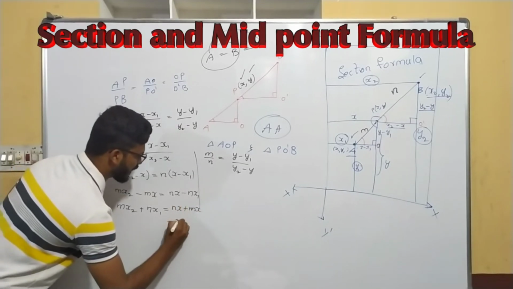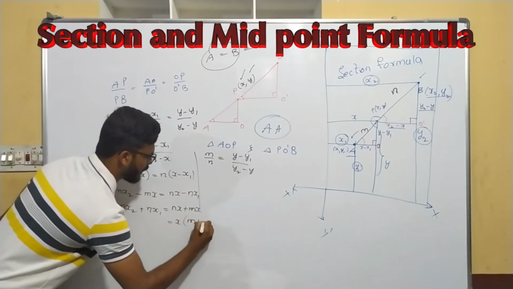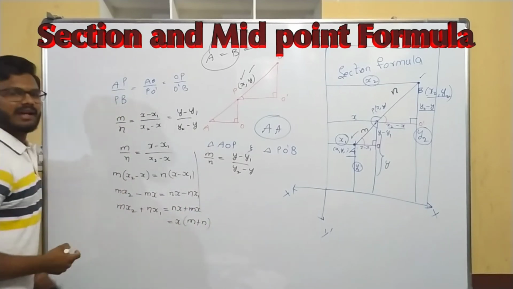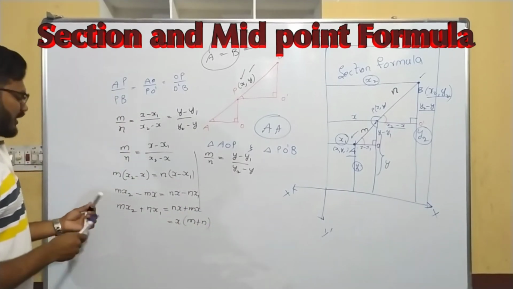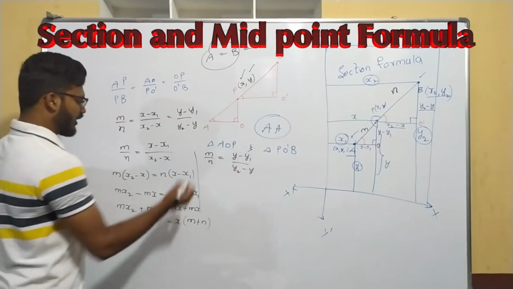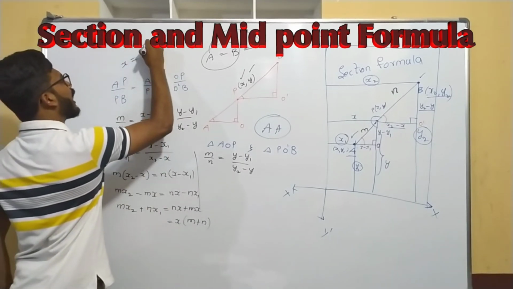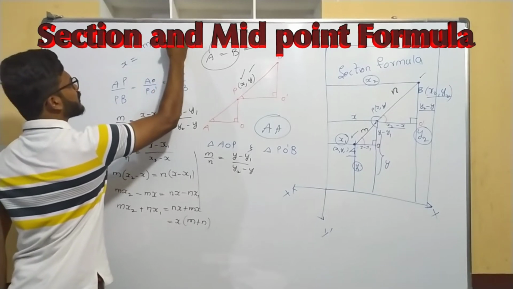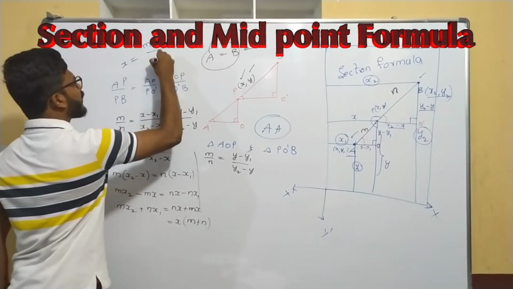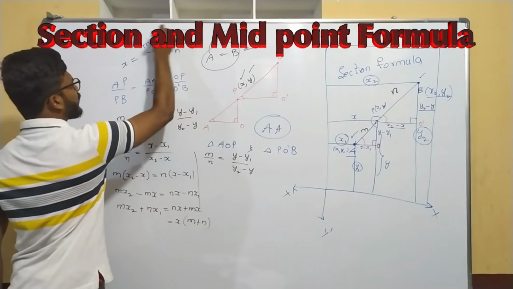You can write as x common, x into m plus n. If I send m plus n this side, what we will get? We will get x equal to mx2 plus nx1 by m plus n.